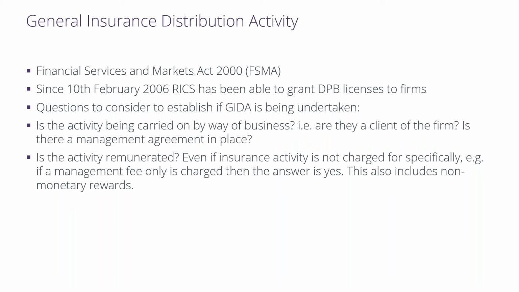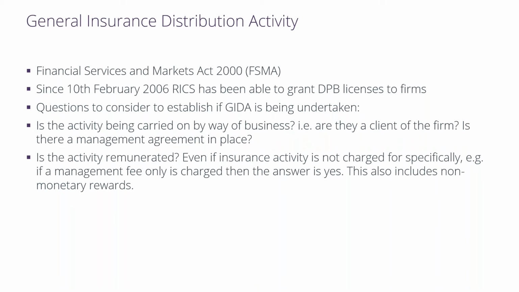You will be carrying on the activities for remuneration if you receive any form of direct or indirect payment, benefit, or consideration in relation to the services. In practice, if you are carrying on any insurance-related regulated activities as part of your business as a property manager, the for remuneration test is likely to be met.